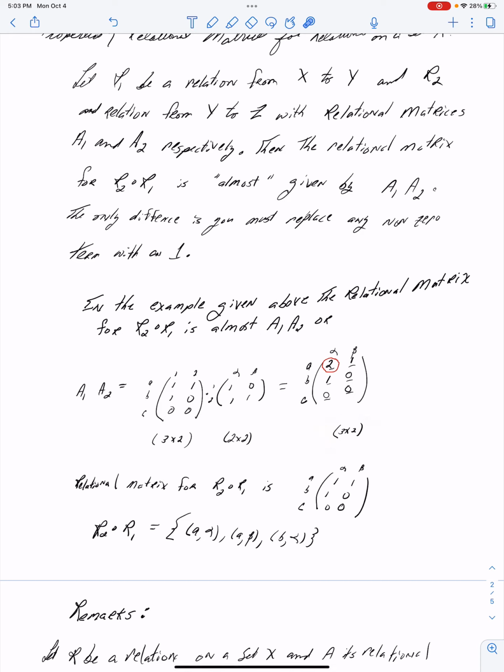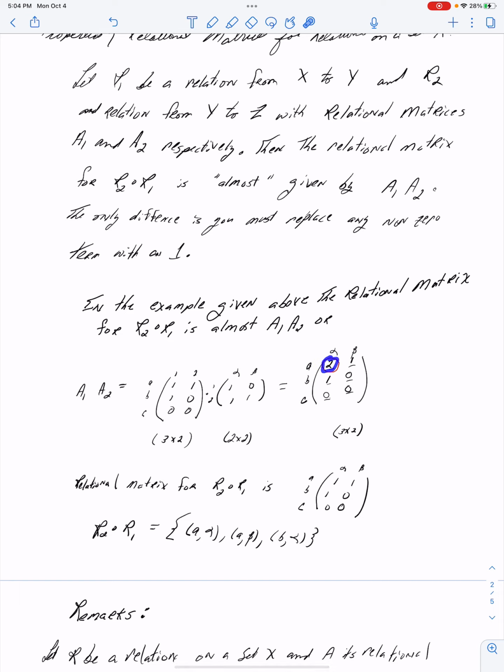And the number of rows, which is 3, are going to correspond to the elements in X. And the number of columns are going to correspond to the elements of Z. And so remember, Z was alpha, beta, and X was A, B, C. And now if I multiply those matrices out, I claim I get the matrix 2, 1, 1, 0, 0, 0.